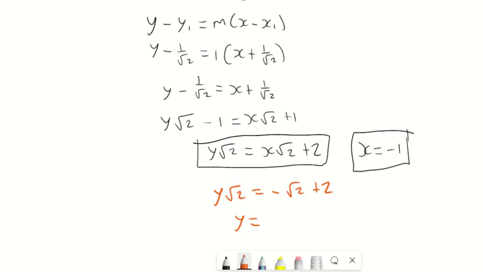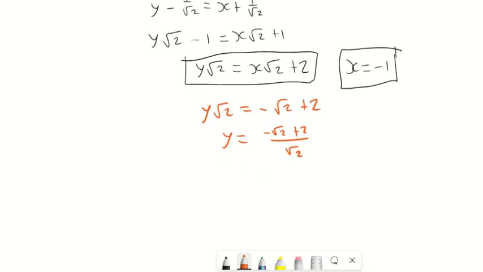So then y is equal to minus root 2 plus 2 over root 2. So the coordinates of the centre of the circle then is going to be minus 1 and that thing, so minus root 2 plus 2 over root 2.